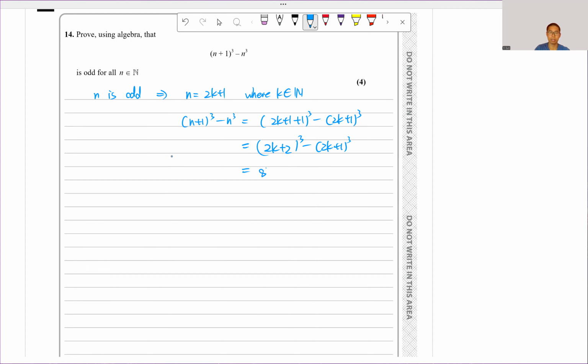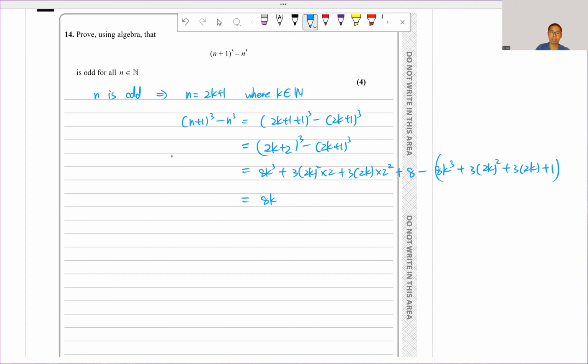So this would be 8k cubed, plus 3 times (2k) squared times 2, plus 3 times 2k times 2 squared, plus 2 to the power 3, which is 8, and then minus 8k cubed, plus 3 times (2k) squared times 1, plus 3 times 2k, and then plus 1 to the power 3 as well.